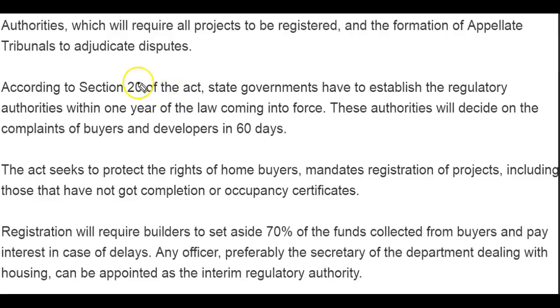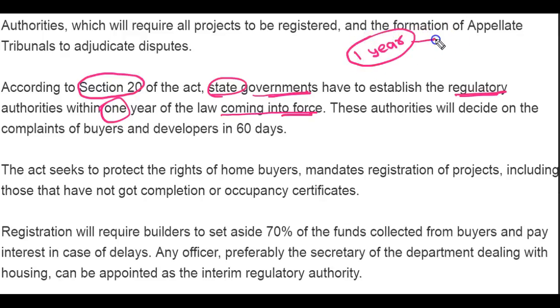According to Section 20 of the Real Estate (Regulation and Development) Act 2016, state governments have to establish a regulatory authority within 1 year after the law comes into force. So 1 year's time is there. Within that time, the state government has to set up the real estate regulatory authority.